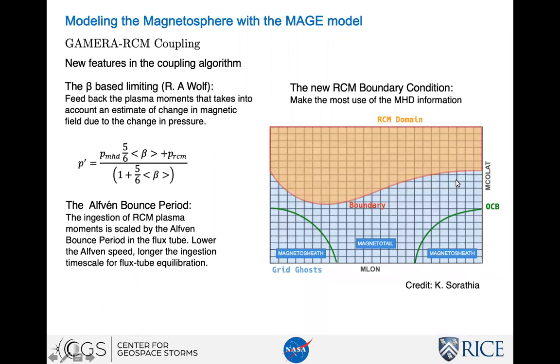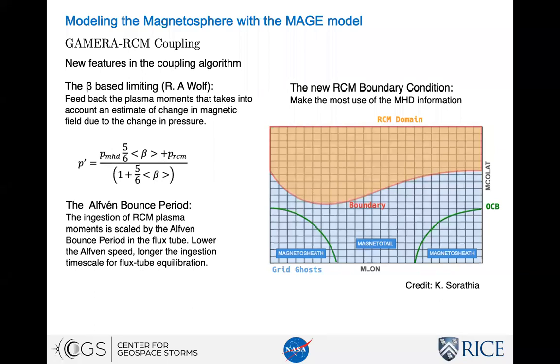In terms of the coupling algorithms, we added some new options, such as plasma beta based limiting in the RCM feedback. In the high beta region, you can see the portion of RCM pressure is scaled down.